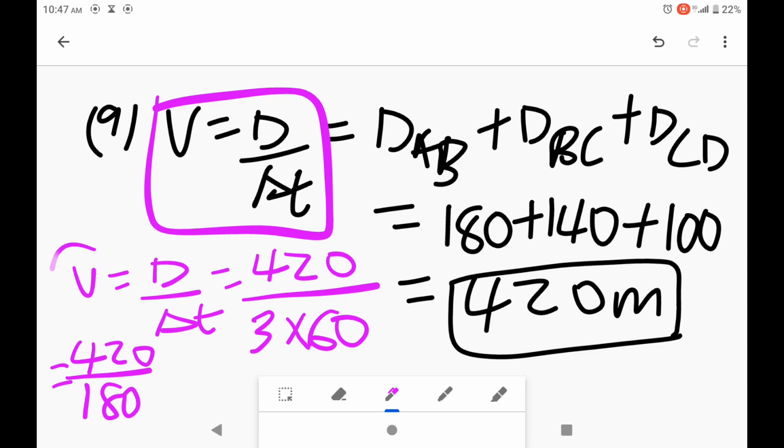The answer for speed is going to be 2.33 meters per second. If you divide 420 by 180, 2.33 meters per second. This is your answer when you're calculating average speed.